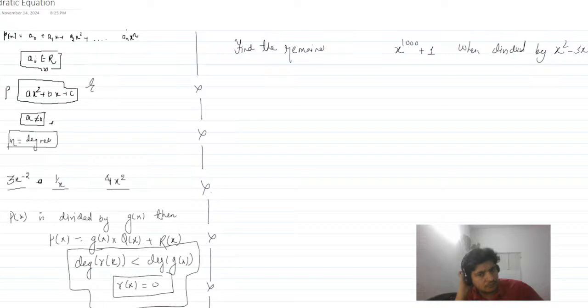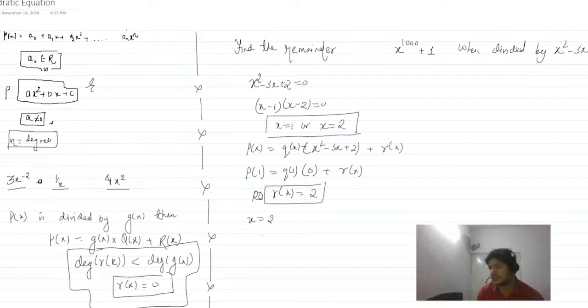Now if I put x equal to 2 here, you will get 2 to the power 1000 plus 1 equal to Q times 0, plus R(2). So R(2) is equal to 2 to the power 1000 plus 1. Done? Yes, sir. So two values you will get.